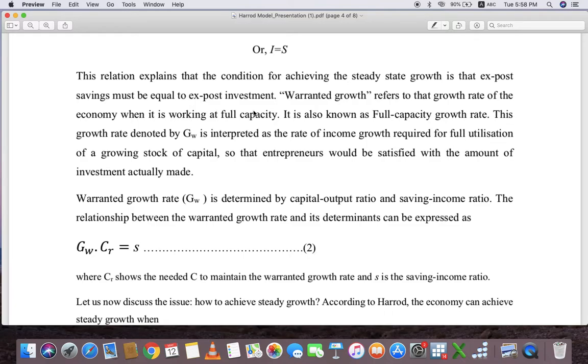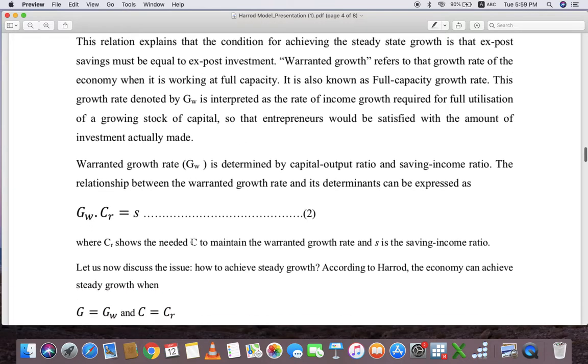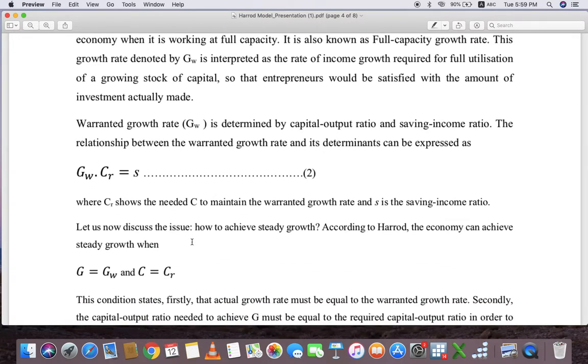So, warranted rate of growth is determined also by capital output ratio and saving income ratio. That relationship is expressed as equation 2 of the Harrod model: GW into CR equal to small s. Here CR means the required C needed to maintain warranted rate of growth, and s is the saving income ratio.